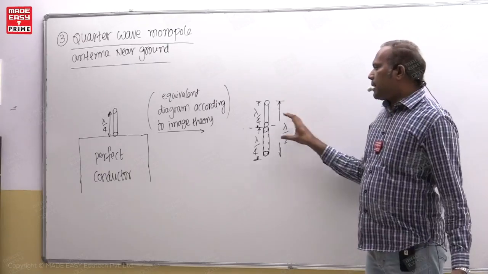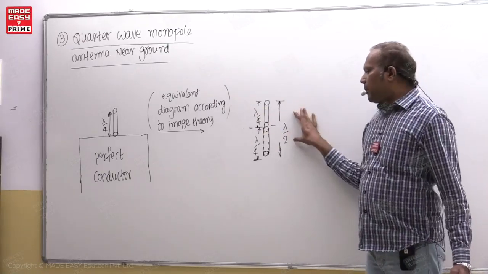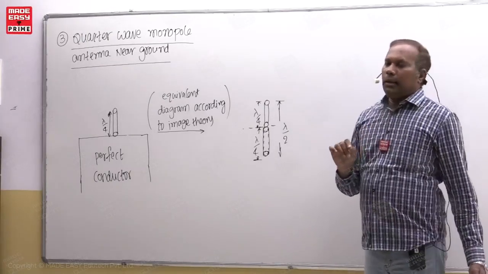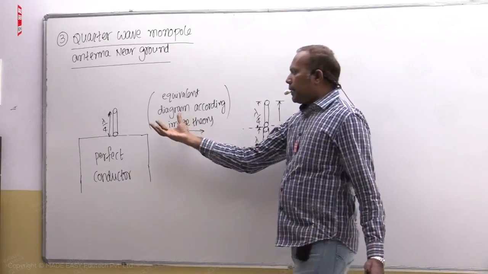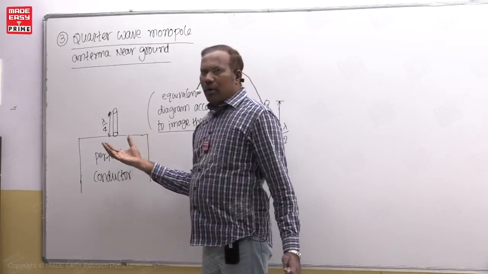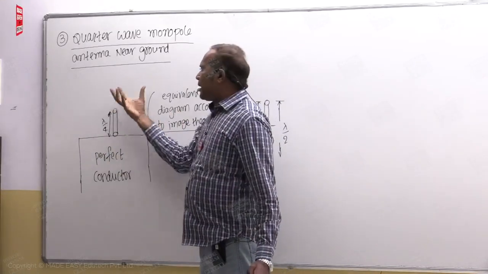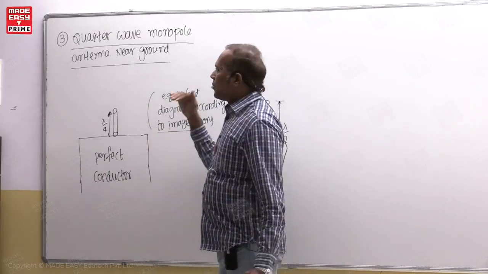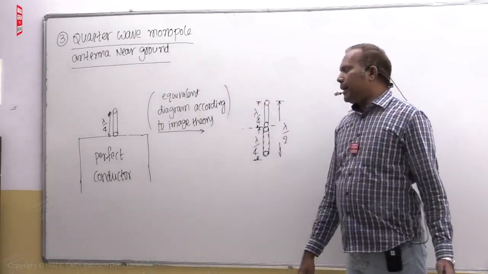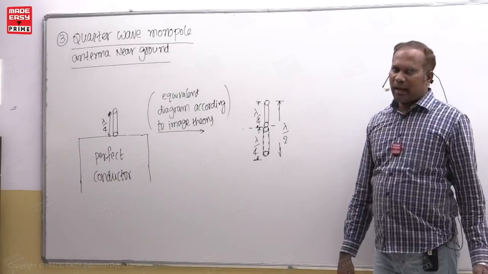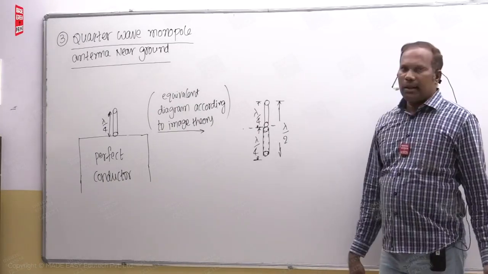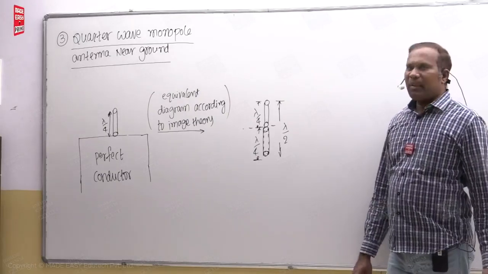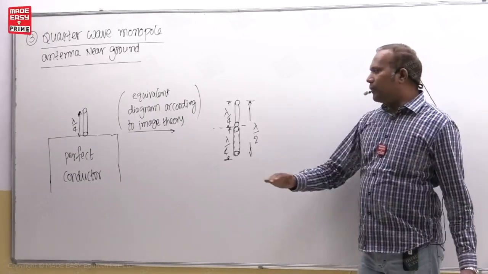The radiation resistance of a lambda by 2 antenna is 73 ohm, but this radiates power only in the upper hemisphere. So again it will have half effect only, and the radiation resistance of this lambda by 4 antenna you have to take as 73 by 2 only.